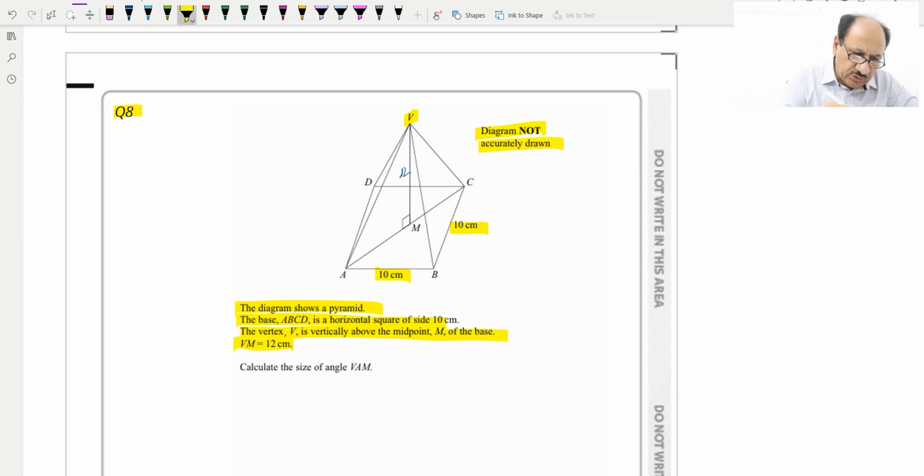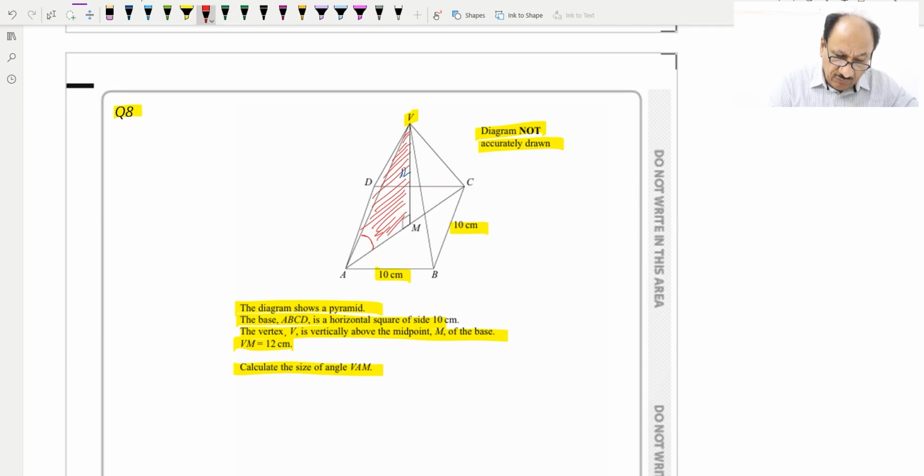Calculate the size of angle VAM. VAM angle is required, and that angle is this one. So similar to the previous question, we have to consider this triangle to find this angle, but we have only one piece of information, which is VM.